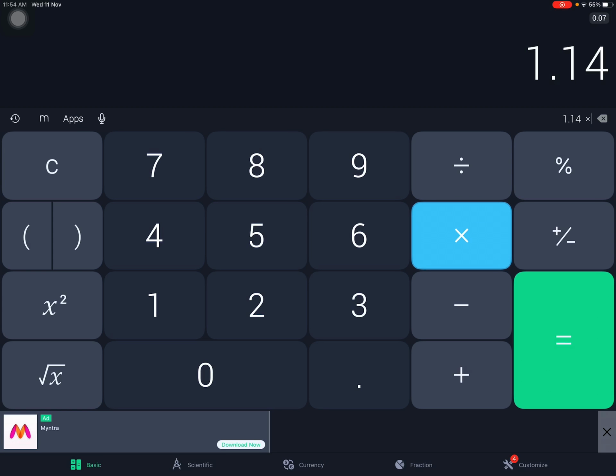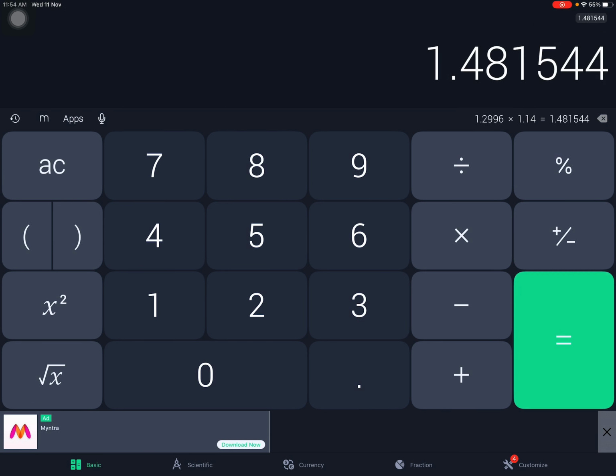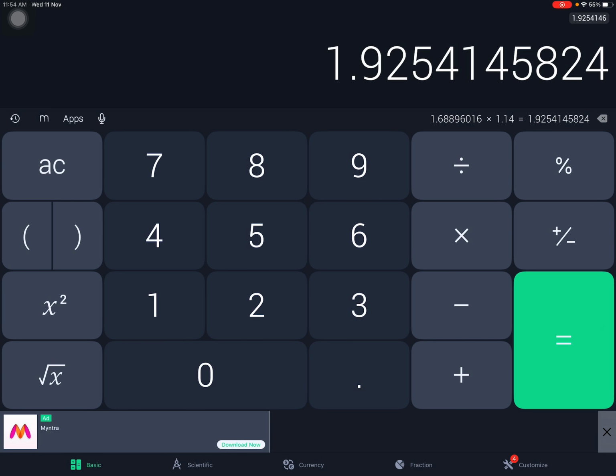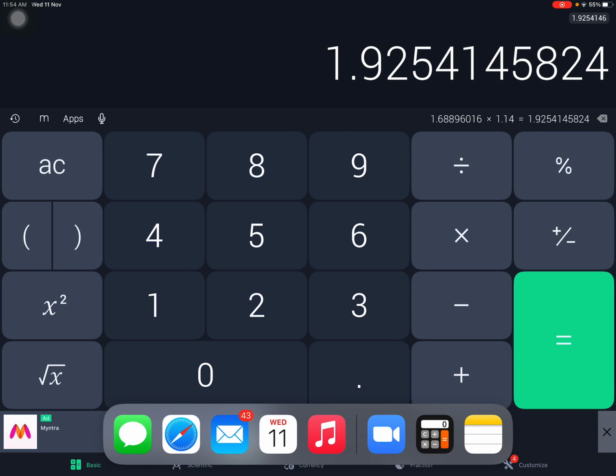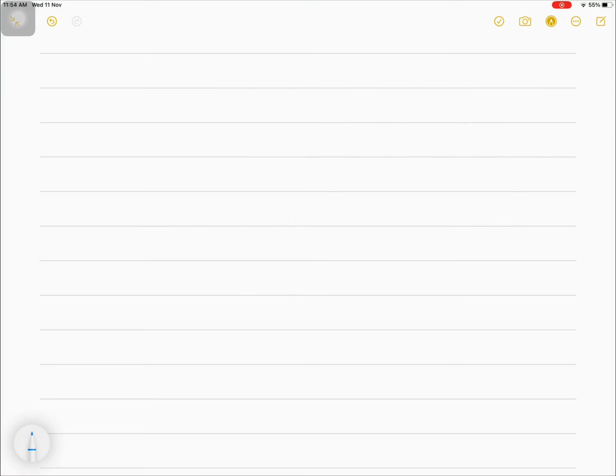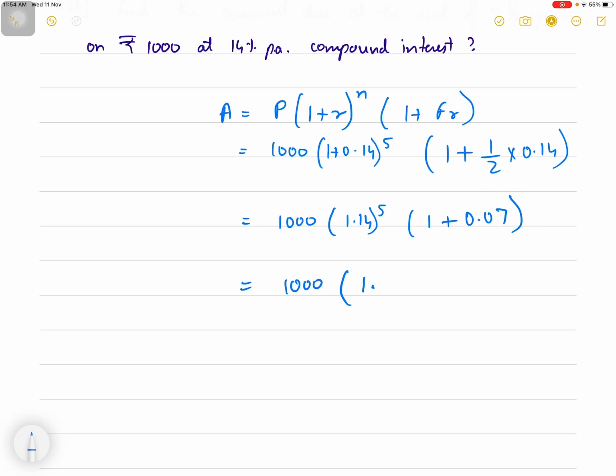For 1.14 raised to 5, square, cube, 4 times, 5 times, so you have to press equal to 4 times. So it is 1.9254. Always take 4 decimals. 1.9254 multiplied by 1.07.